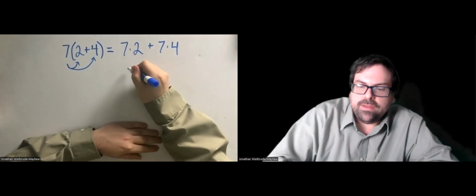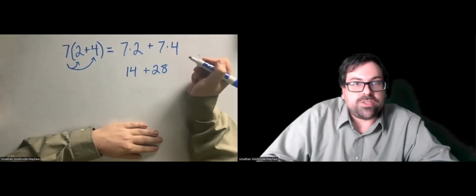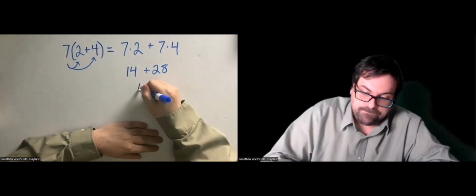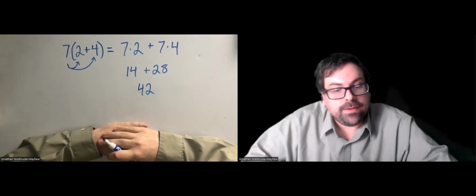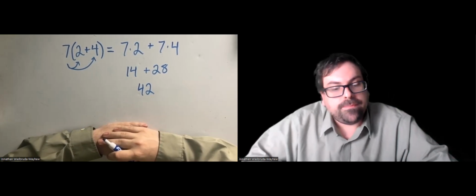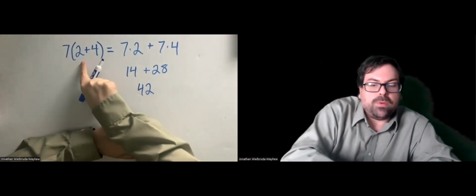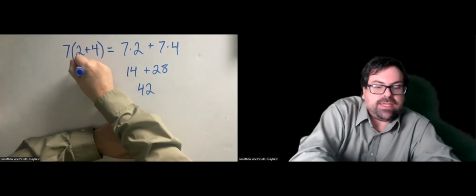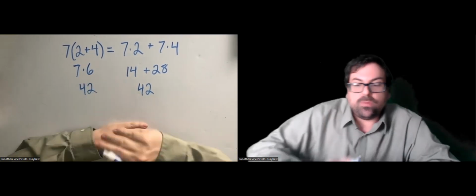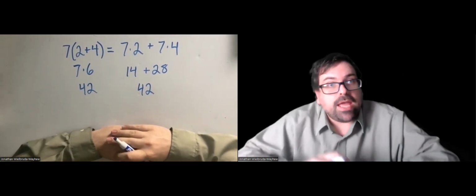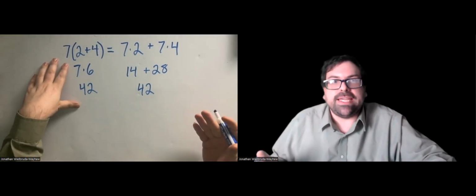That would be 14 plus 28, which gives us 42. Without the distributive property, we would add in the parentheses first, giving us 7 times 6, which is 42. And sure, this way was relatively easier.